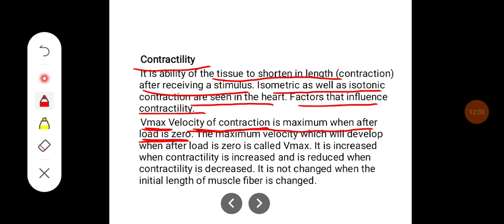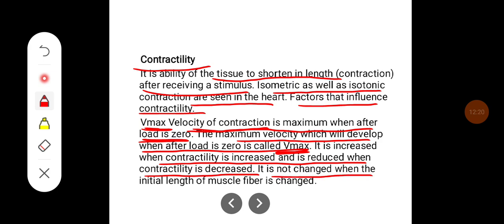The maximum velocity which will develop when the afterload is 0 is called Vmax, and it is increased when contractility is increased, and reduced when contractility is reduced. It is not changed when the initial length of the muscle fiber is changed.